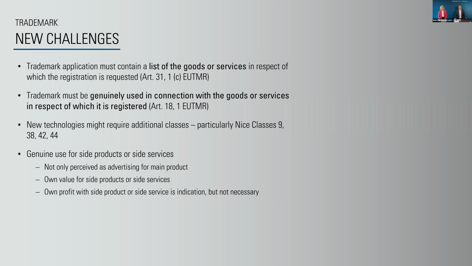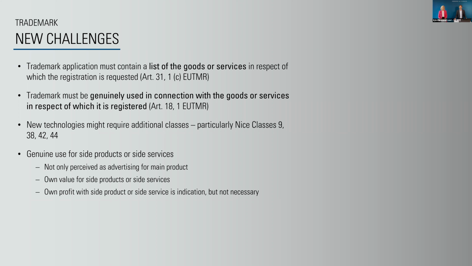Now when you are offering digital products or services, you may think about other classes that are relevant here. When you apply for a trademark, the application must contain a list of goods and services for which you wish to use the trademark and for which it shall be registered.